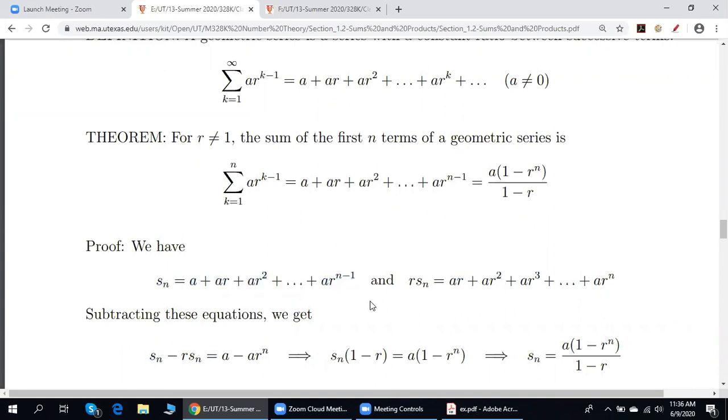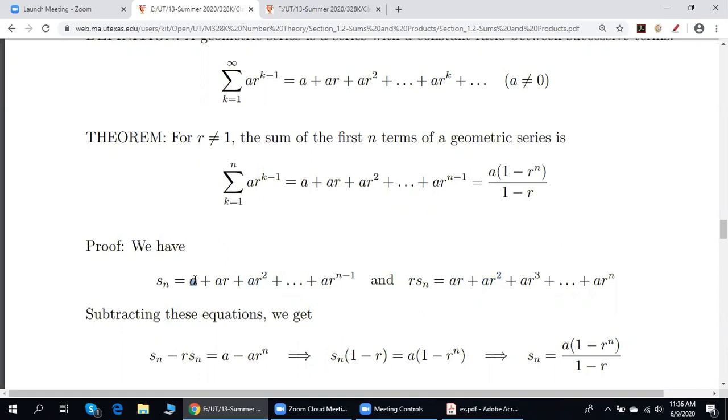Note that many terms will get cancelled. For example, ar minus ar, 0. ar squared minus ar squared, 0, and so on. Here is what is left.